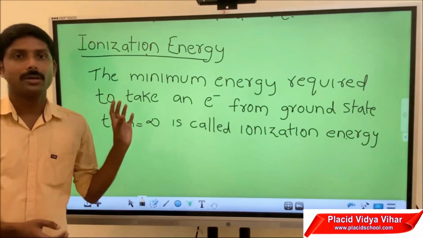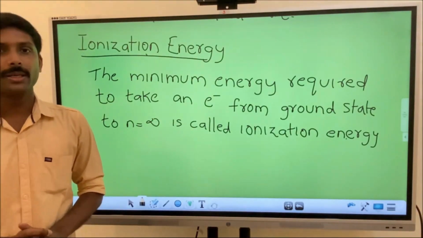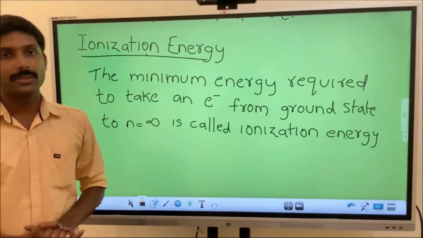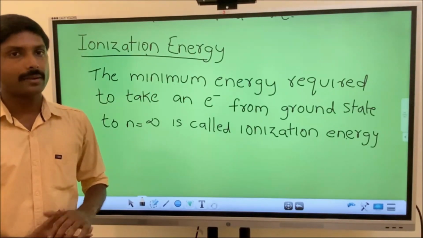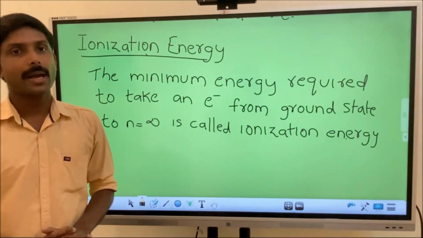I hope the things that we have dealt up to this topic are very clear. So as far as we have dealt, the important things are the derivations for energy, radius, velocity of the electron in the hydrogen atom.